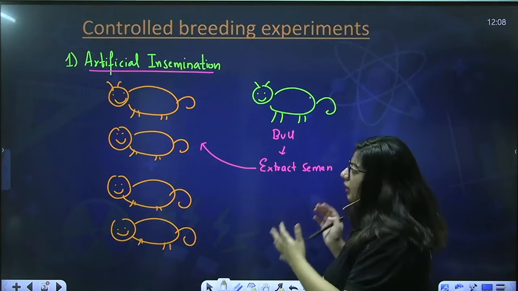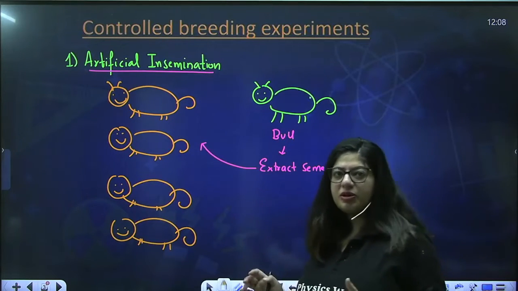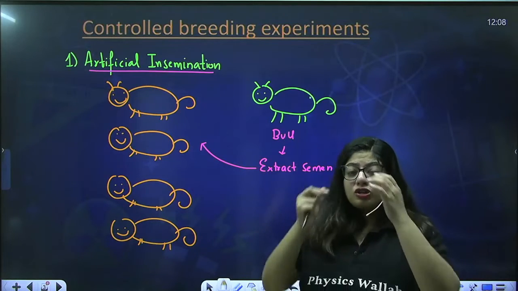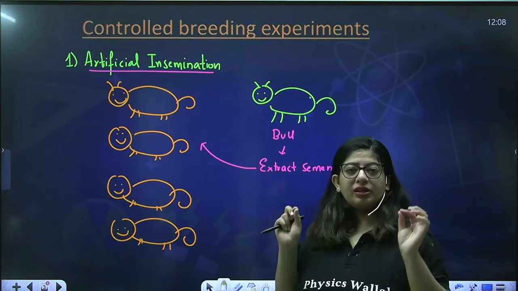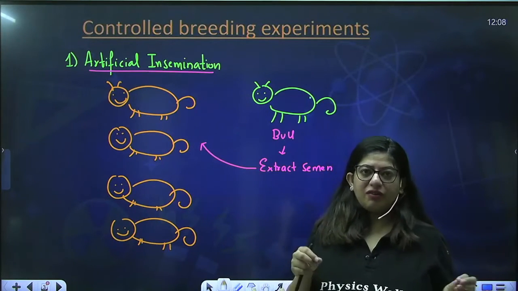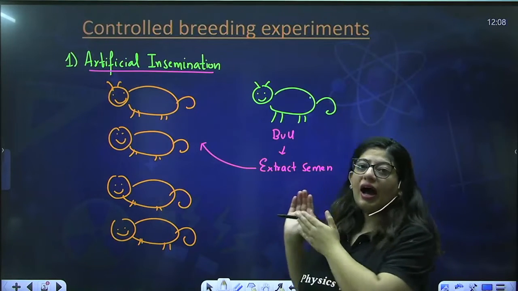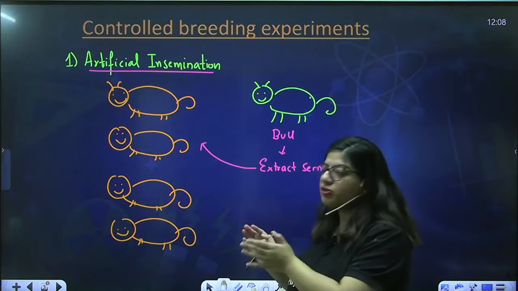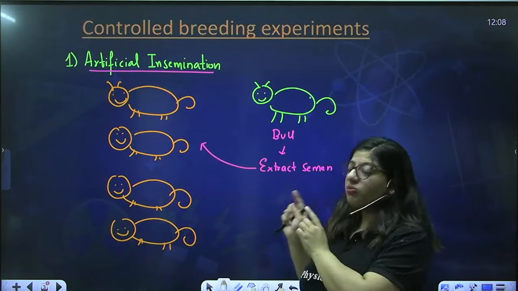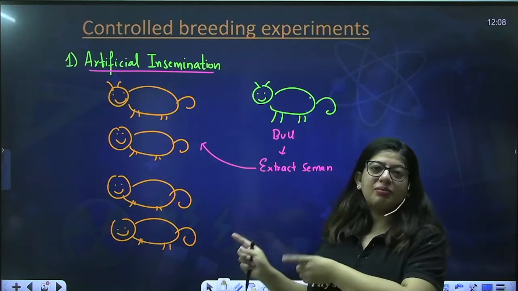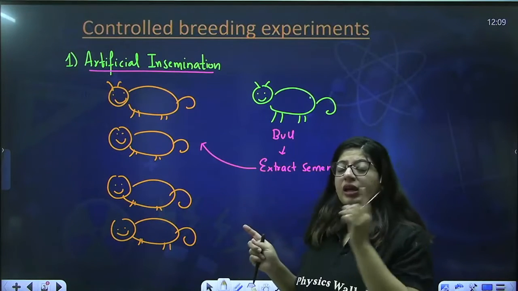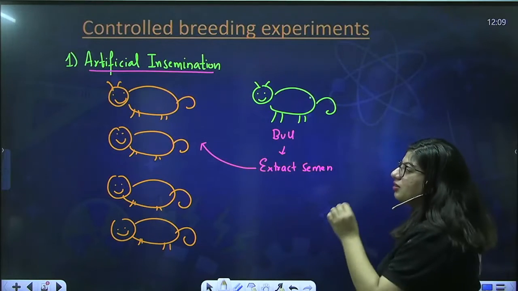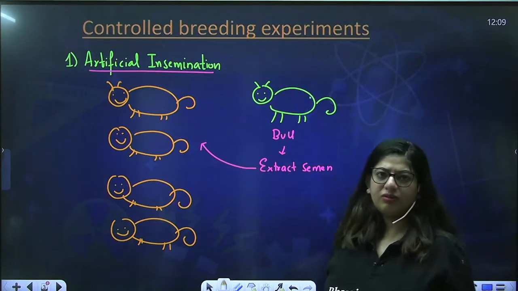So we are artificially inseminating the sperm into the female's body. The benefits: first, the bull is a high quality bull and the cows are also high quality cows. Second, from just one bull you can inseminate a number of cows.